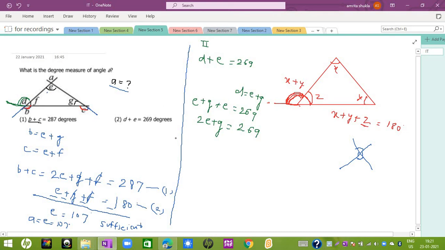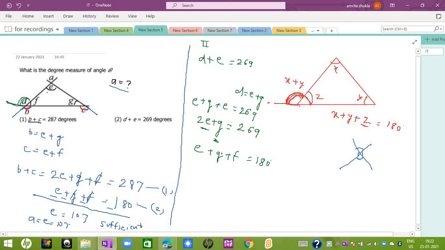Now, is there any way in which I can get a degree measure of G, or get rid of G so that I will be left with E, and I know A is equal to E, so I'll get the degree measure of A? But unfortunately, we have just this equation and one more equation, E plus G plus F, which is 180 degrees. Now you see here we have 3 variables and 2 equations.